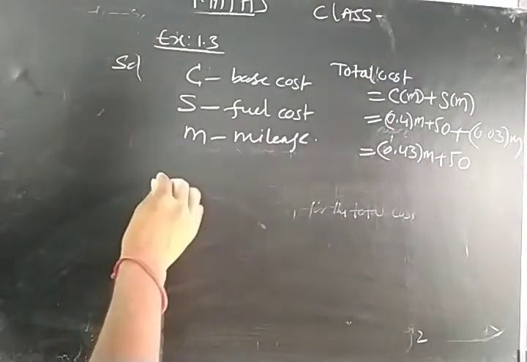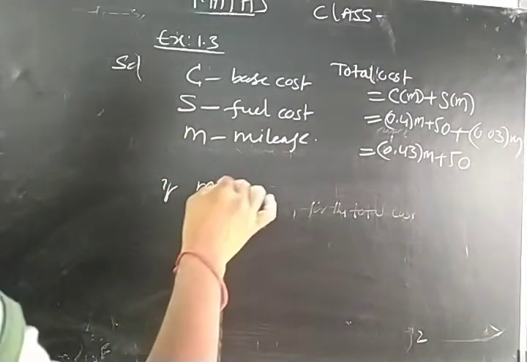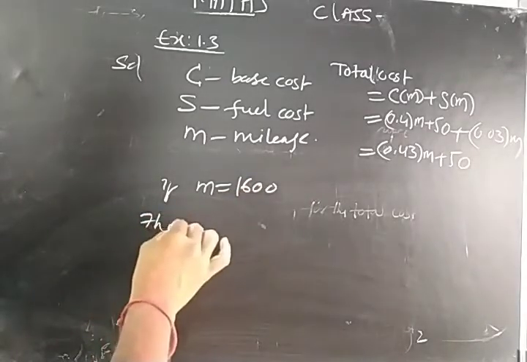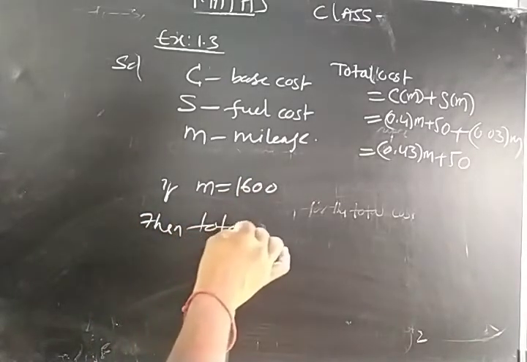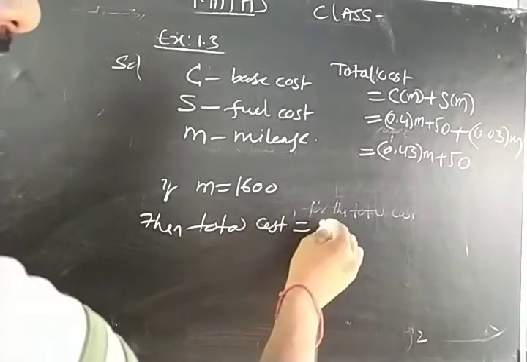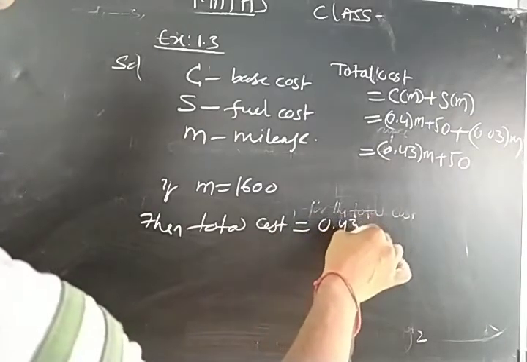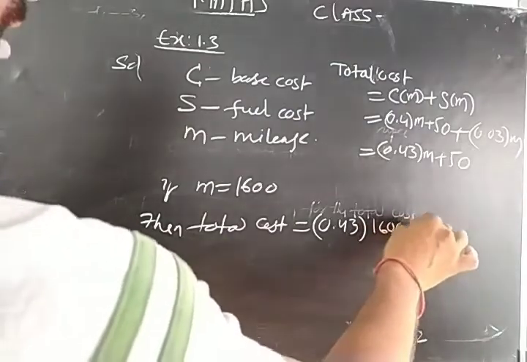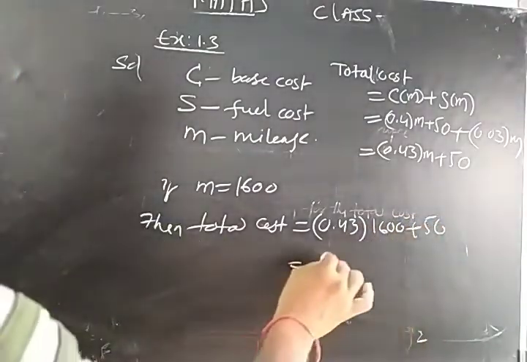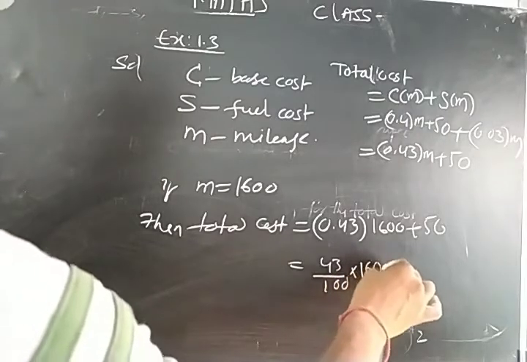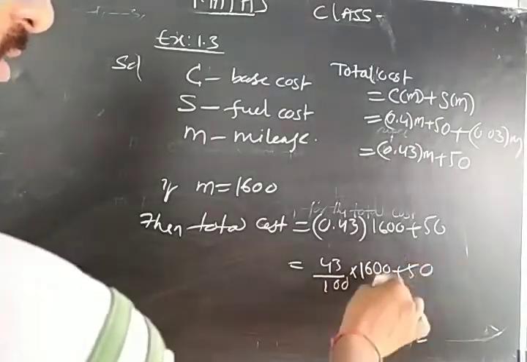Now if M equals 1600, I am finding the total cost. Then total cost is 0.43 into M. In place of M, substitute 1600 plus 50. So 43 by 100 into 1600 plus 50.